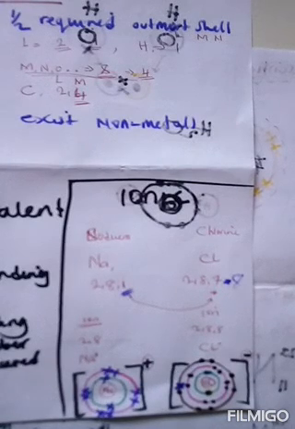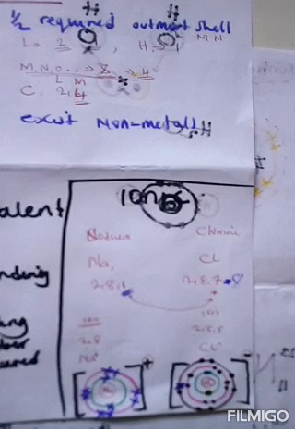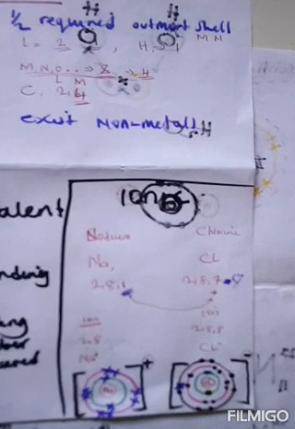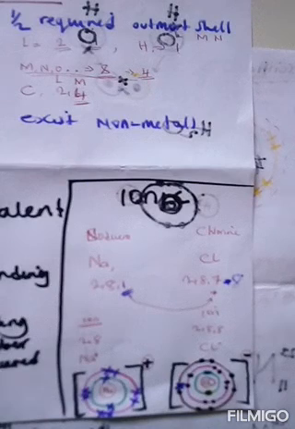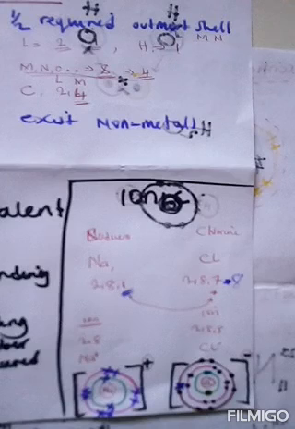That's the second difference. The third difference is that most of the compounds formed by ionic bonding are solids at room temperature, whereas those in covalent are either liquids or gases at room temperature. So these are some of the differences.